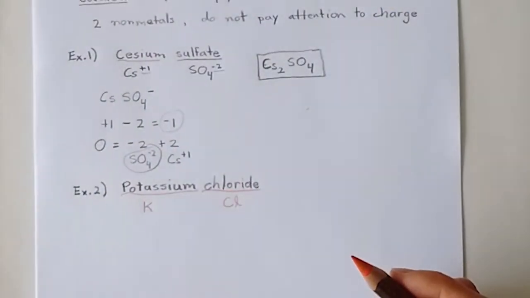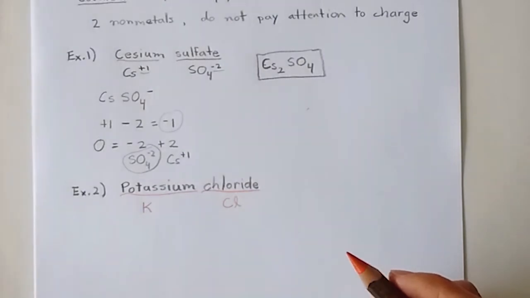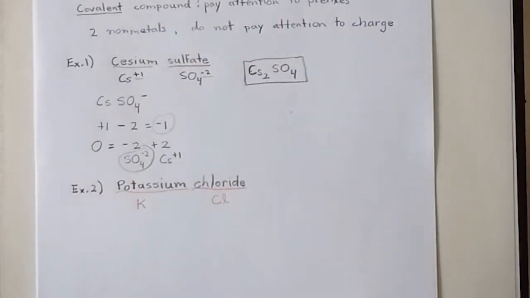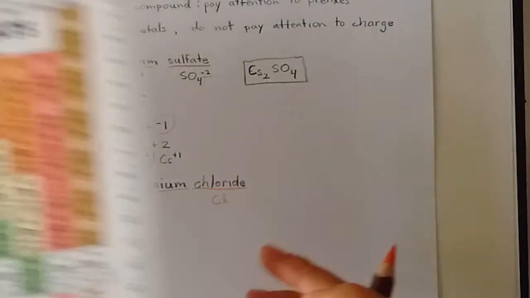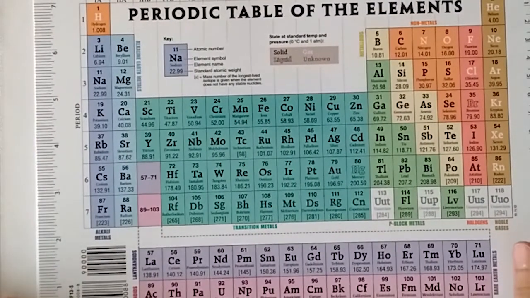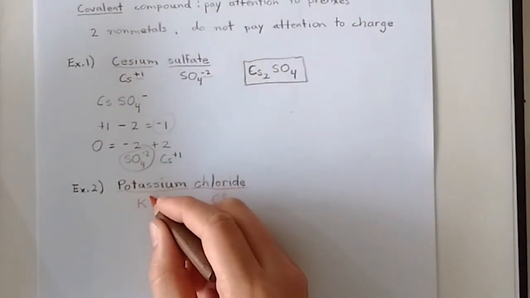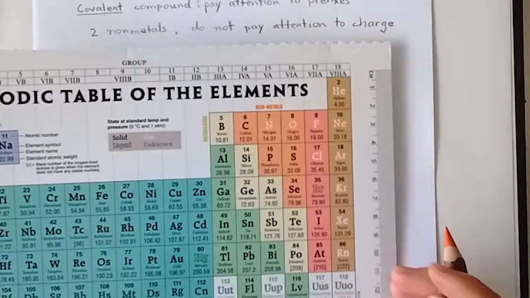A metal and a nonmetal make an ionic compound, meaning that we have to pay attention to the charges. So, for reference, potassium has a positive 1 charge, and chlorine has a negative 1 charge.